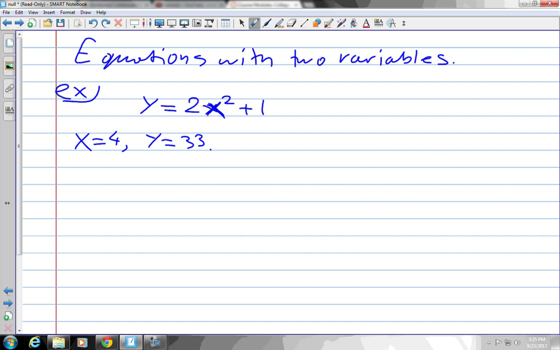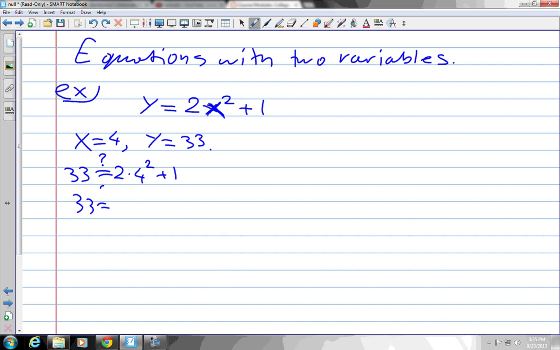So here's an example: if x equals 4 and y equals 33, if I substitute these two values, will that work? If I plug 33 for y and 4 for x, does that work?